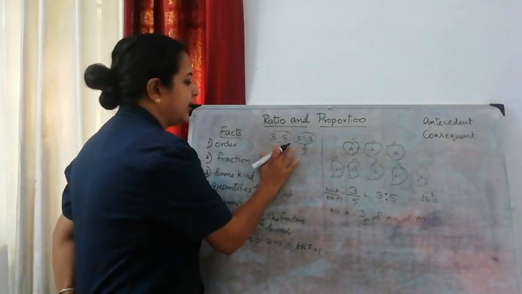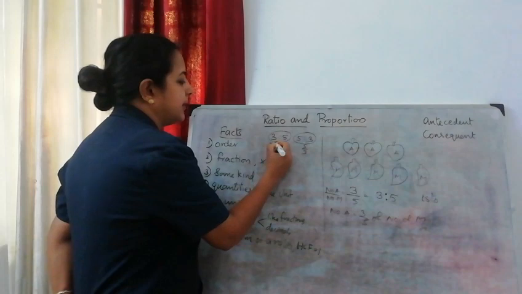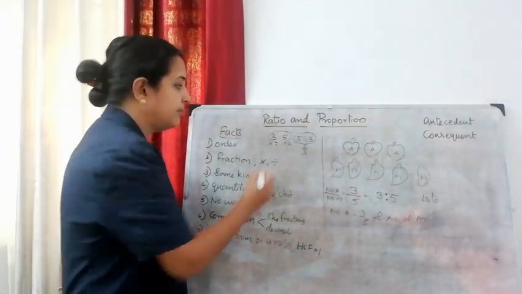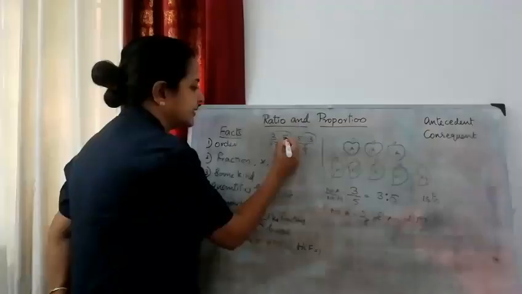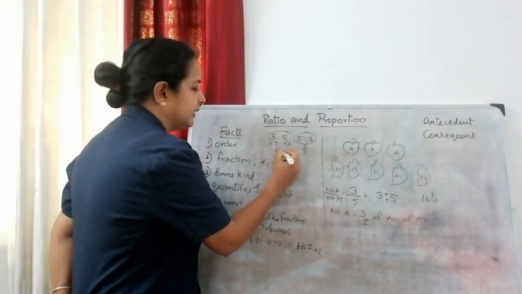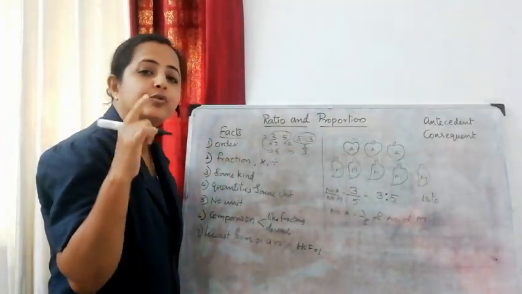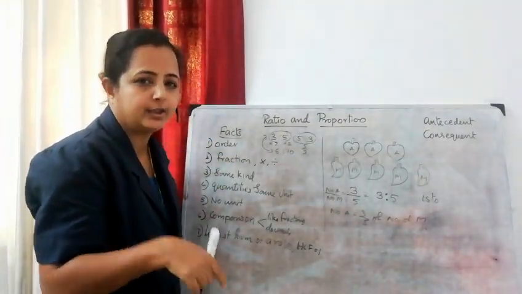That is, 3:5 is a ratio. When we multiply the first term and the second term by 2, you will get 2 into 3, 6, and 2 into 5, 10. These two ratios are equivalent. 3:5 and 6:10 are equivalent ratios.